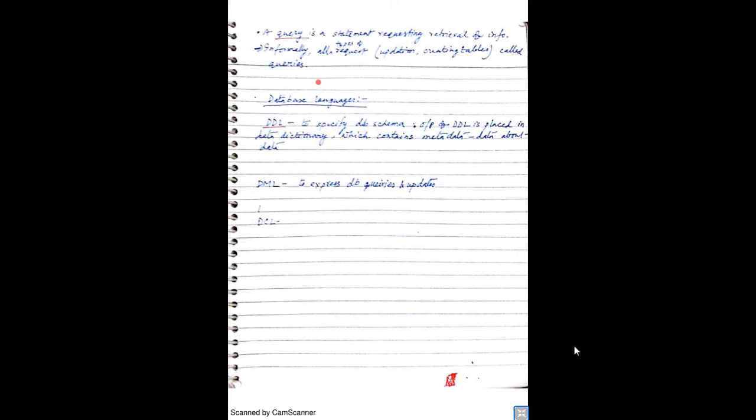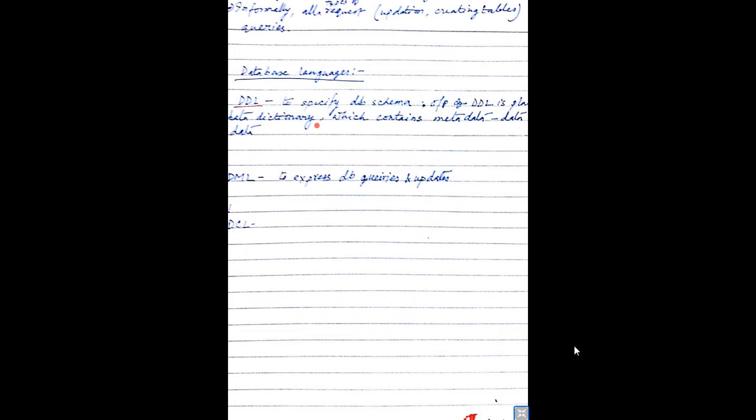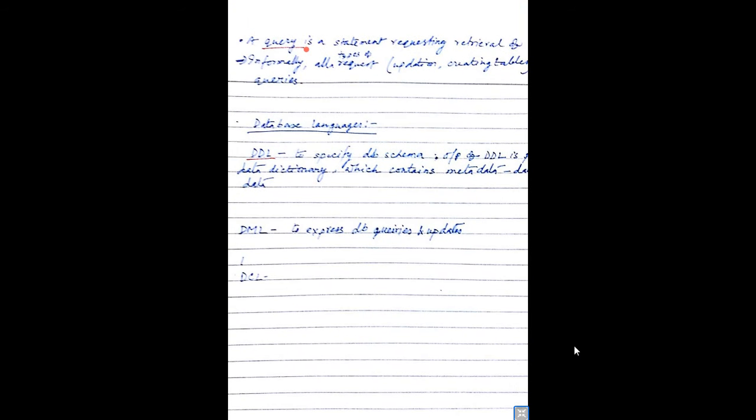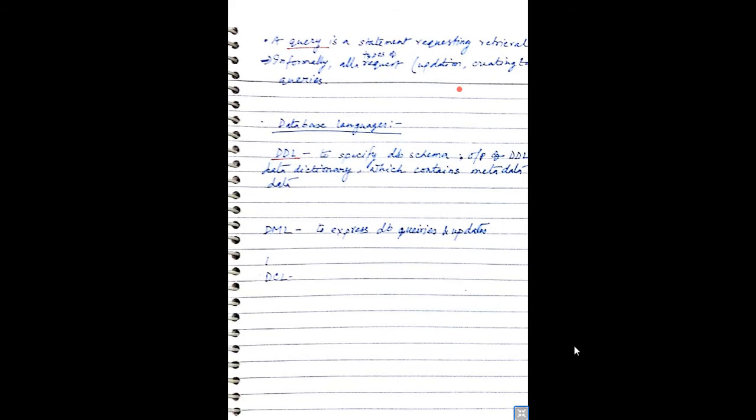Here is the definition of a query. Now, what is a query? A query is a statement requesting the retrieval of information.